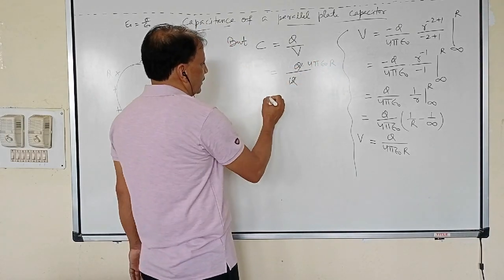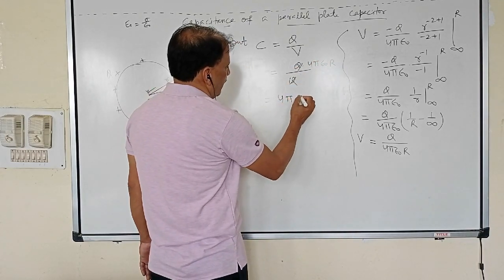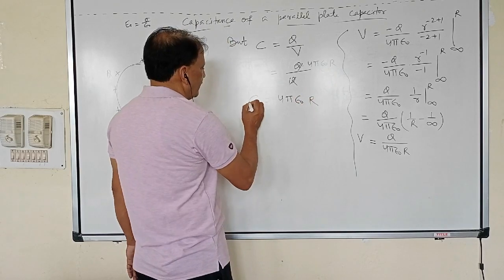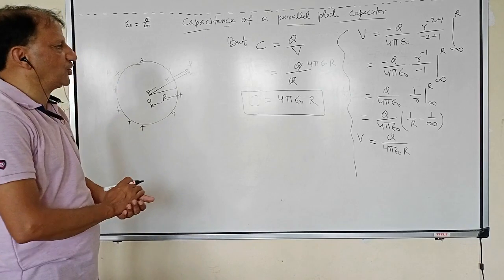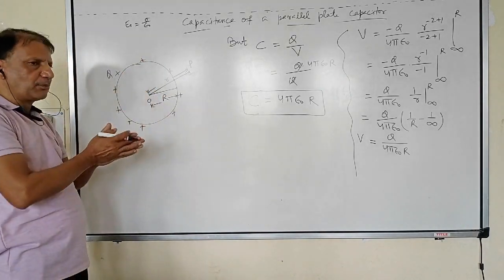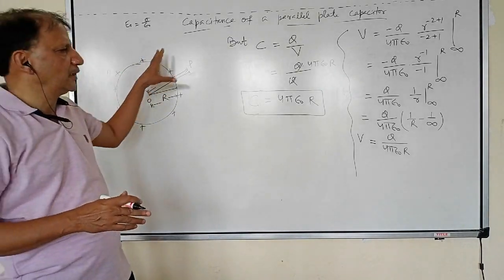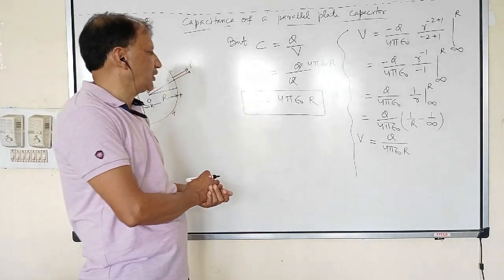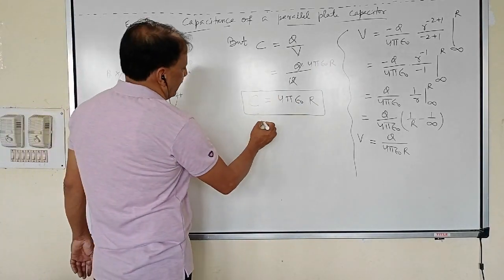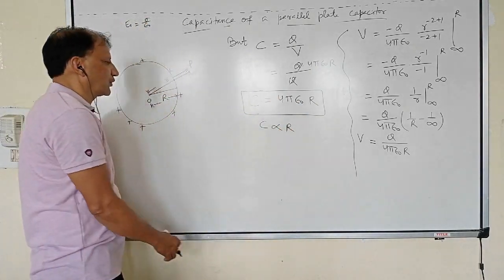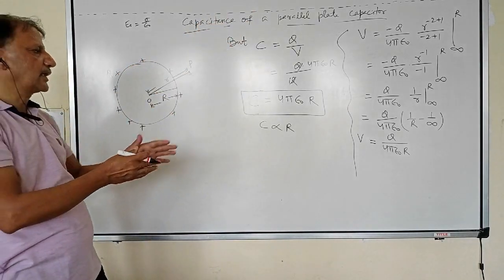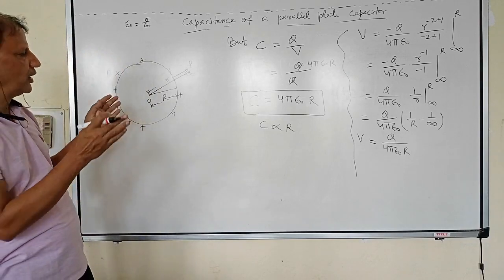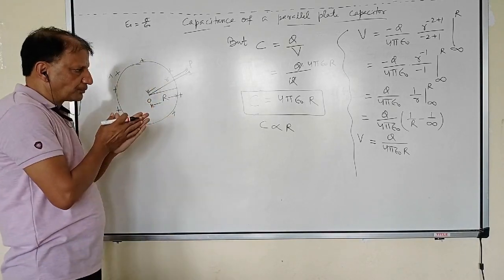Now it is 4 pi epsilon naught R. So this is the value of capacitance of a spherical capacitor having only one plate. Another is assumed to be at infinity. So capacitance is directly proportional to R. Directly proportional to R means if a larger sphere is there, its capacitance will be more. For a smaller one, it will be less.